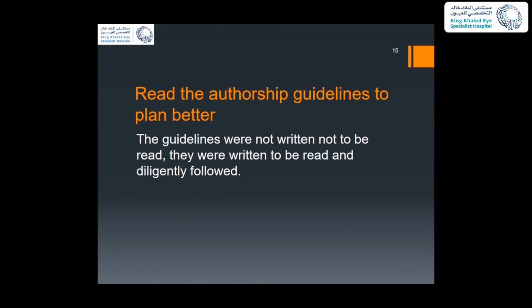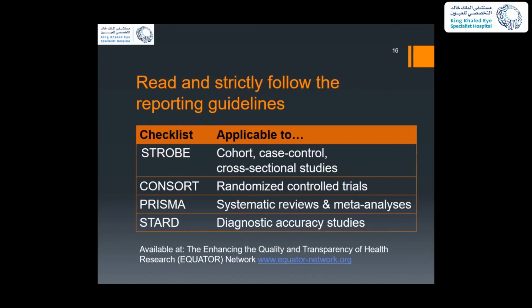Who you need: these guidelines are important for making very strong relationships and for knowing what kind of people you need. Read and strictly follow the reporting guidelines. The reporting guidelines are very important for the reporting of different study types, which were mentioned this morning. STROBE for cohort studies, case control studies, and cross-sectional studies.